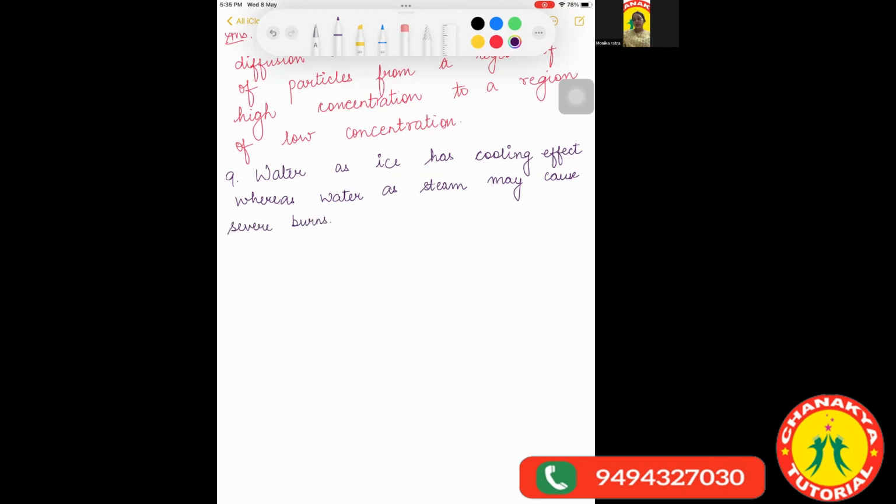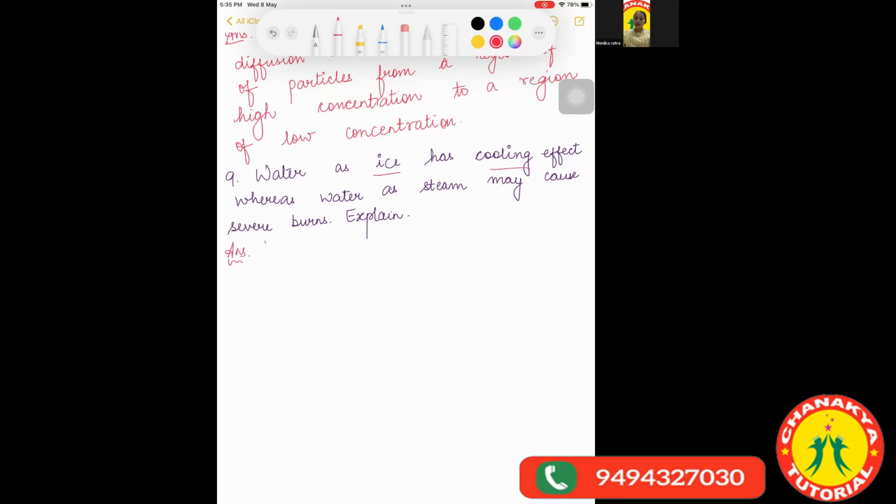We have to explain this. Akshara, can you try and unmute yourself and tell me the answer? Yes, ma'am. Steam actually releases extra heat because of latent heat of vaporization, which is absorbed when water is converted into steam. So steam produces severe burns.